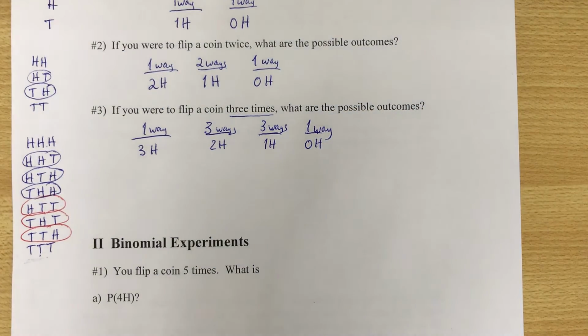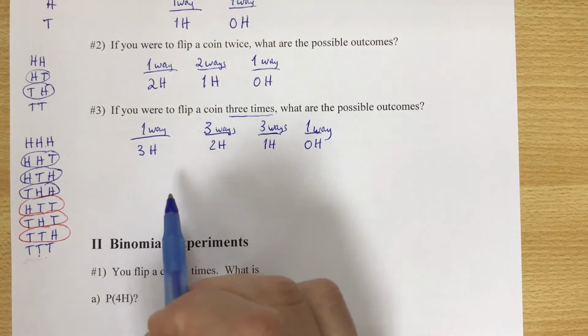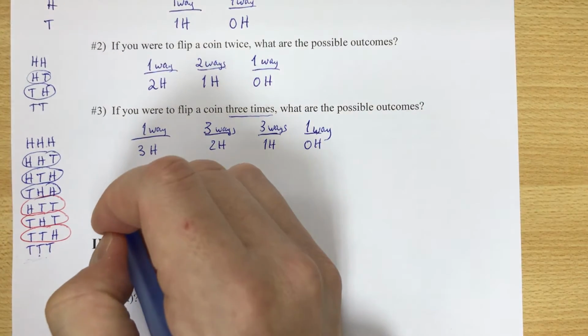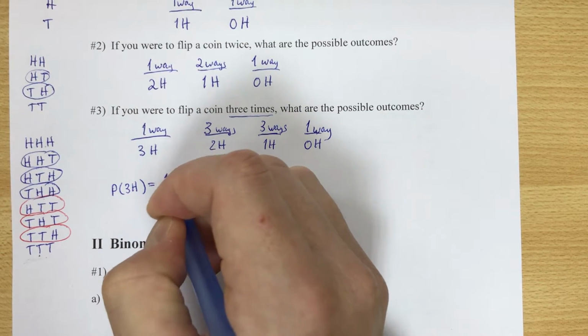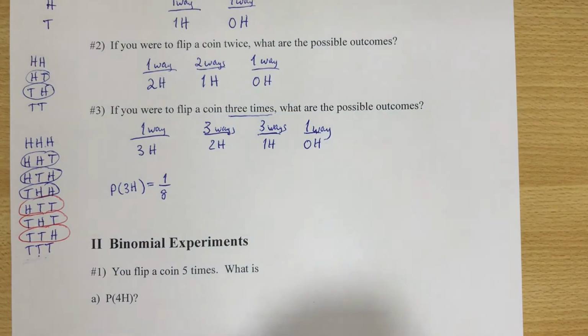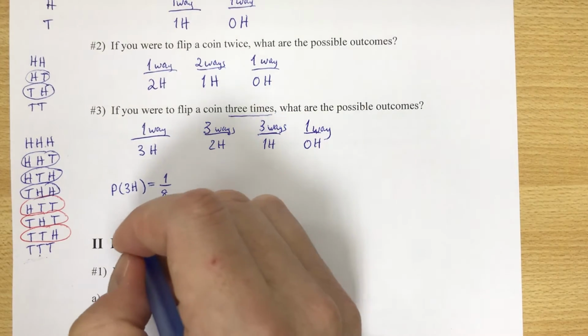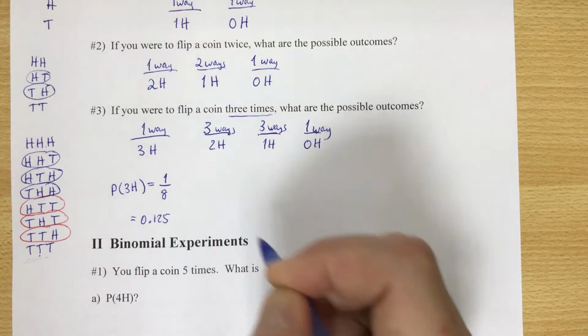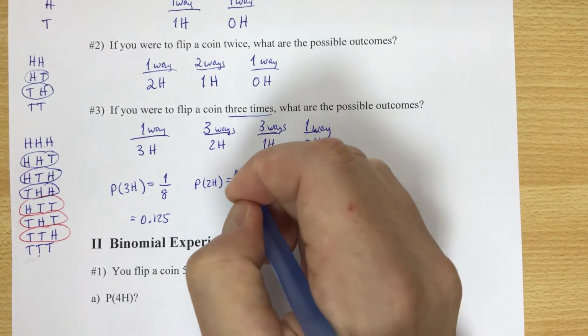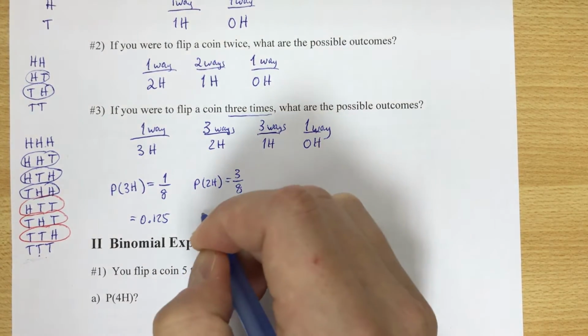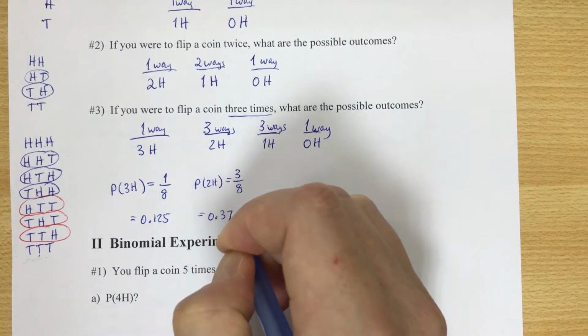So a couple things are happening here. We can talk about probability. The probability that we get 3 heads: there's 1 way to get that out of 8 possible outcomes, so that would be 0.125. The probability that we get 2 heads is 3 out of 8, which is 0.375.